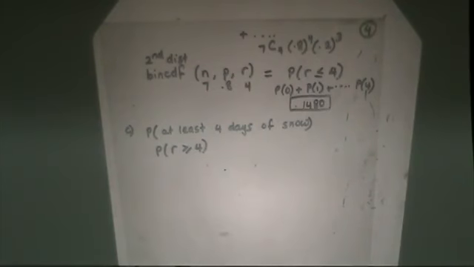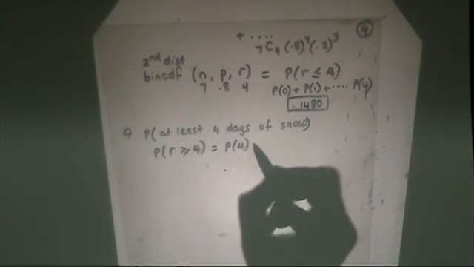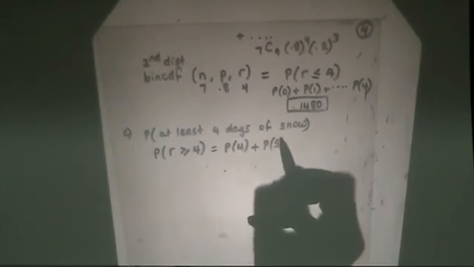Yeah. Probability R greater than or equal to 4, which would be probability of 4 or 5 or 6 or 7. Too much work. I'd have to do 4 of the products, right?